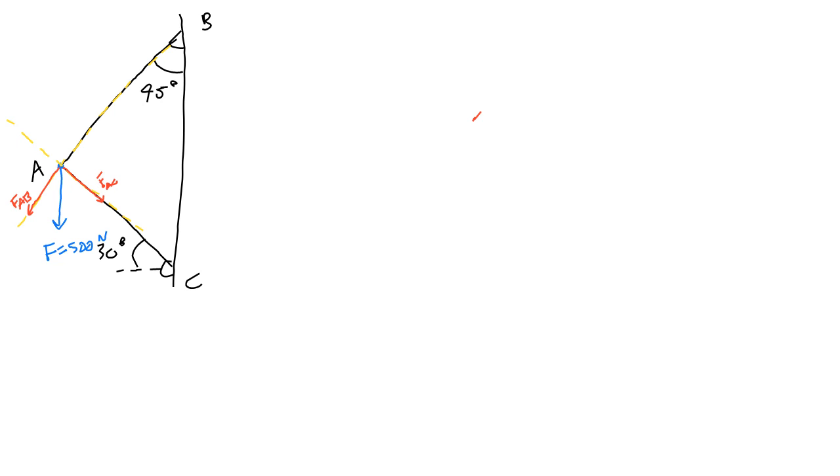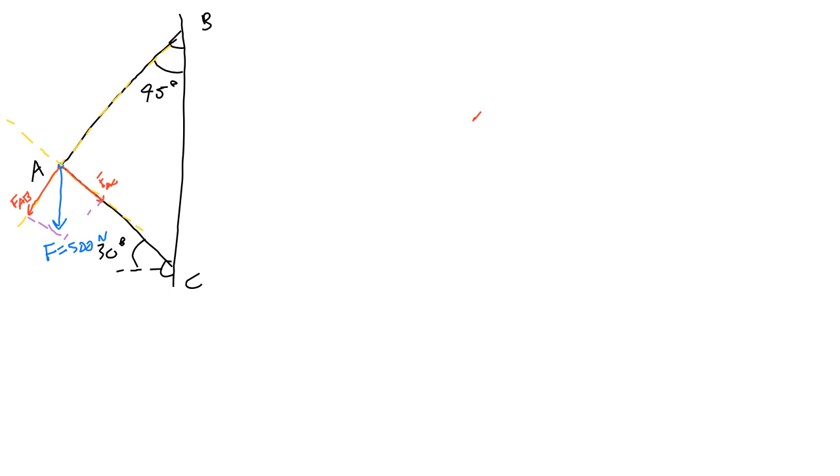Now we want to analyze. We know these two forces, AB and AC, should sum to this 500. So we can make this a parallelogram using the parallelogram method. This makes a parallelogram like this.